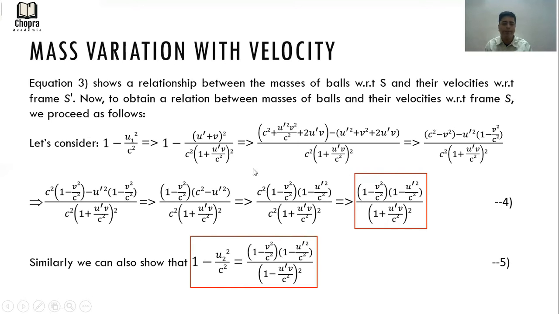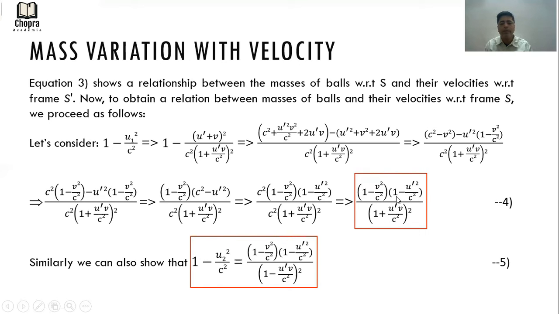It takes a bit of time to open it up and rearrange all the equations, and you see it comes out in a very familiar form, which is 1 minus v square by c square times 1 minus u dash square by c square, divided by 1 plus u dash v by c square, the whole squared.